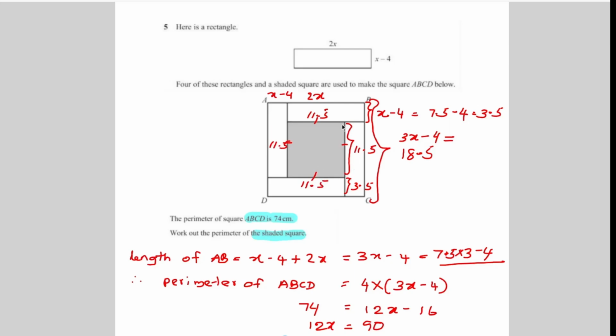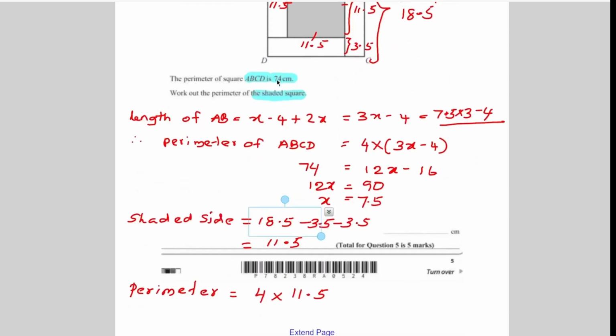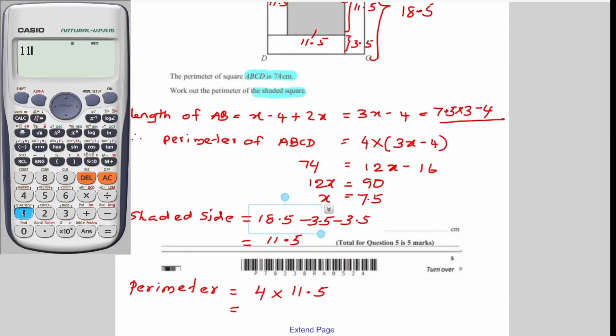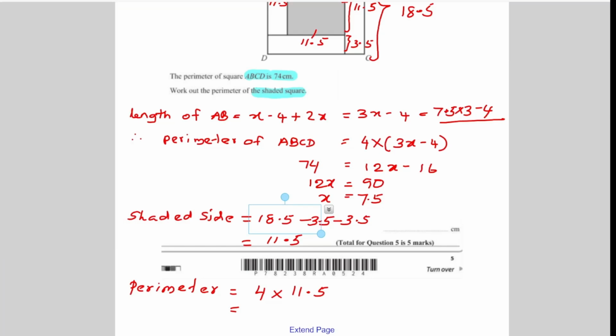Then we need to add all 4 sides. The perimeter means adding all 4 outer lines. Then let's multiply by 4: 11.5 multiplied by 4 gives 46. So the final answer is 46 centimeters.